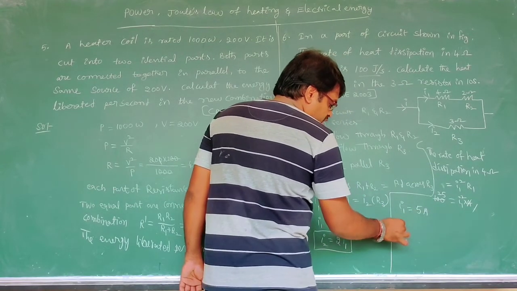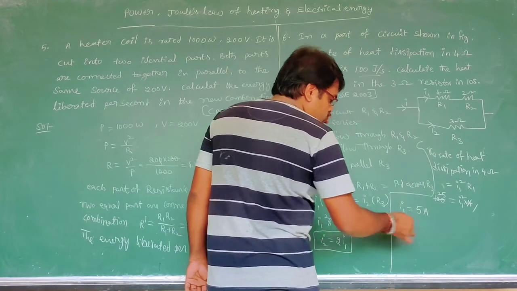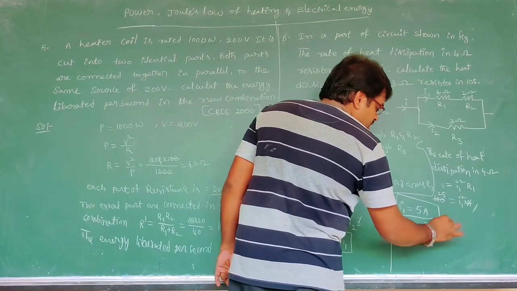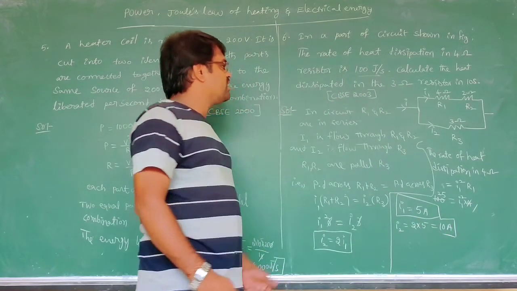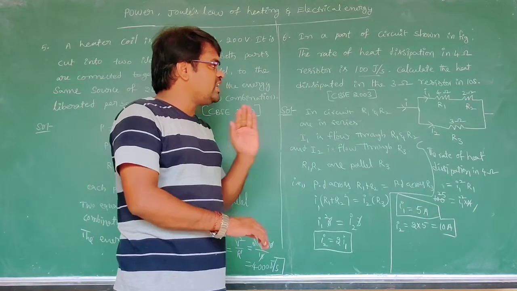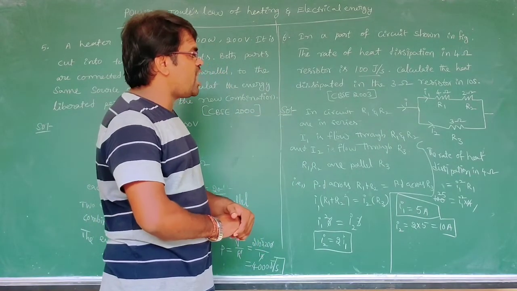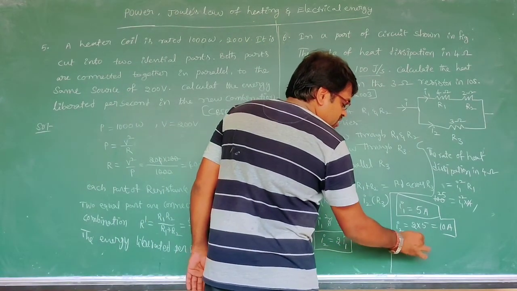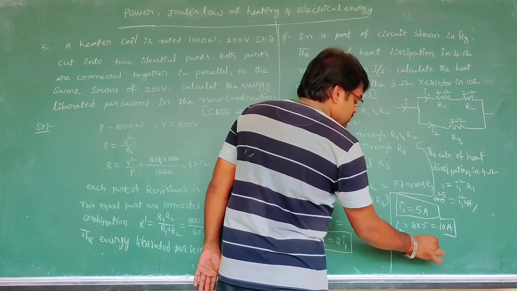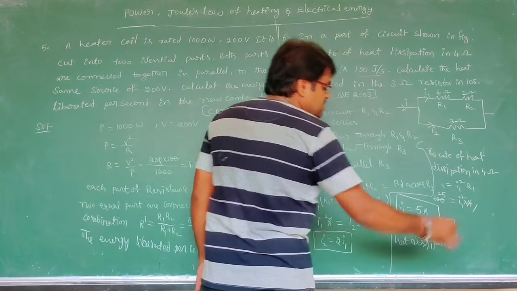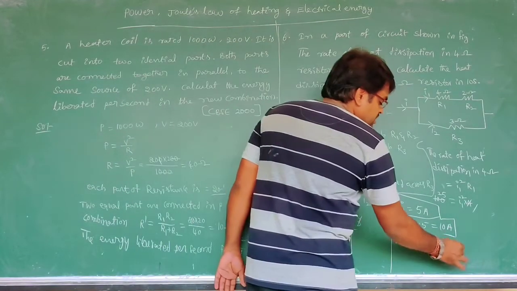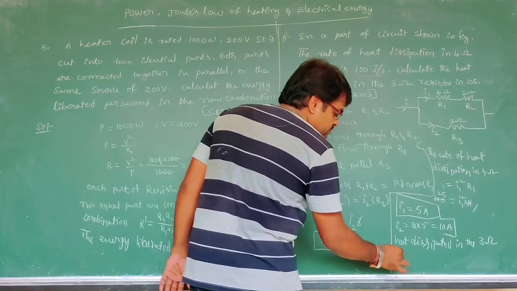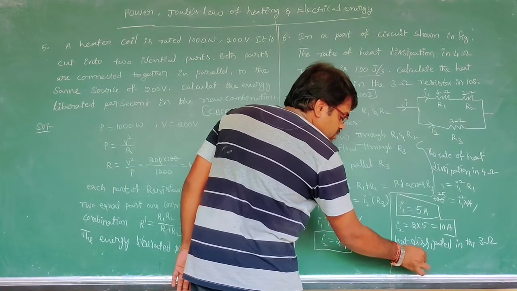I1 equal to 5 ampere means I2 is equal to 2I1, 2 into 5, that is 10 ampere. Now what are they asking? The heat dissipated in the 3 ohm resistor in 10 seconds.